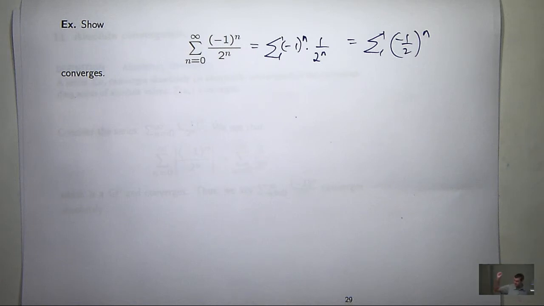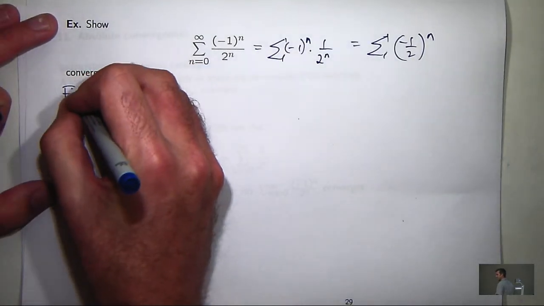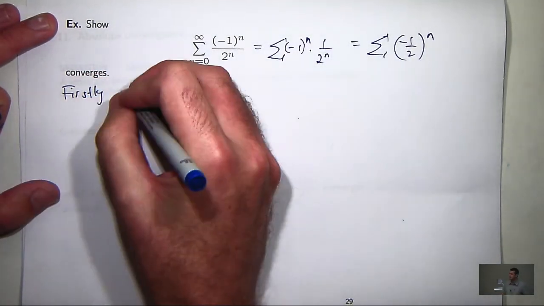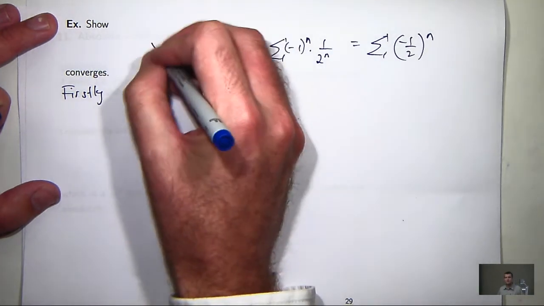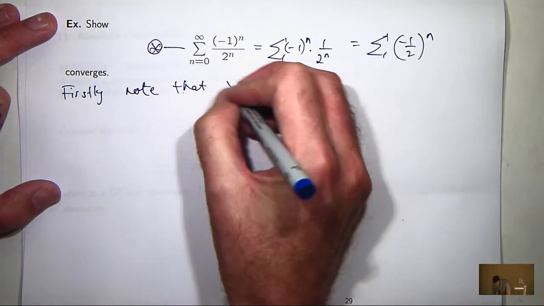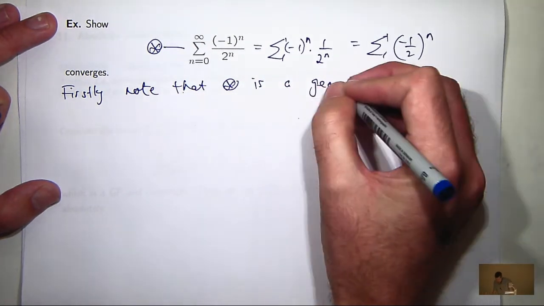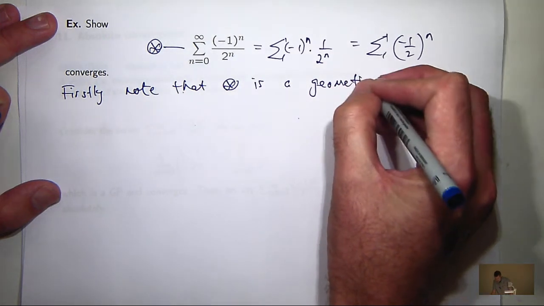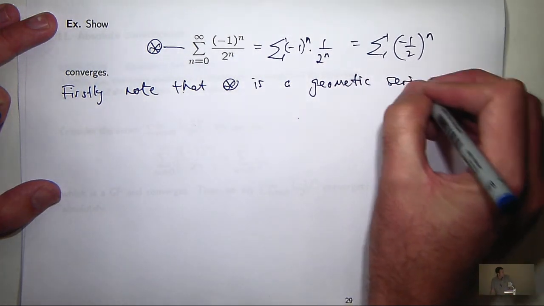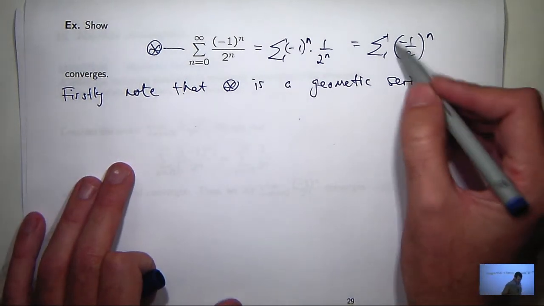Okay, so firstly note, it's a geometric series and -1/2 is strictly between -1 and 1. So we know this series has got to converge.